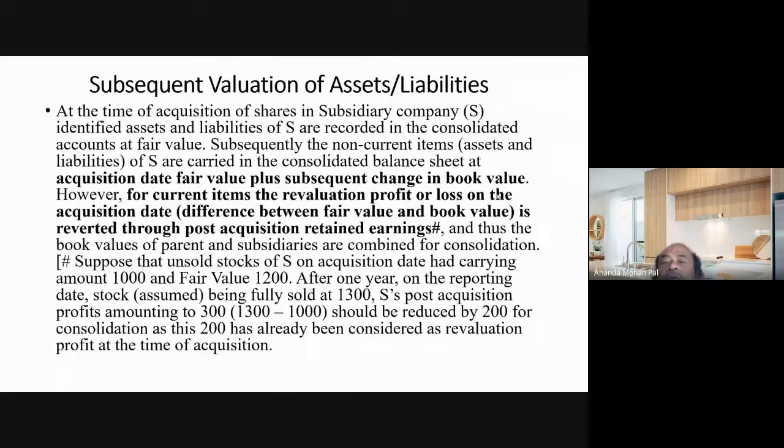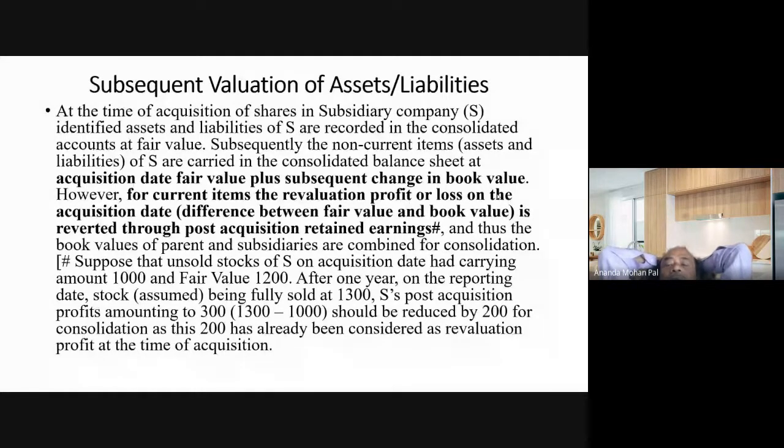That is, suppose on 1st April 2020, the fair value of net non-current assets was 5 lakhs, and on 31st March 2021, that is after 1 year, the book value is 4,50,000.